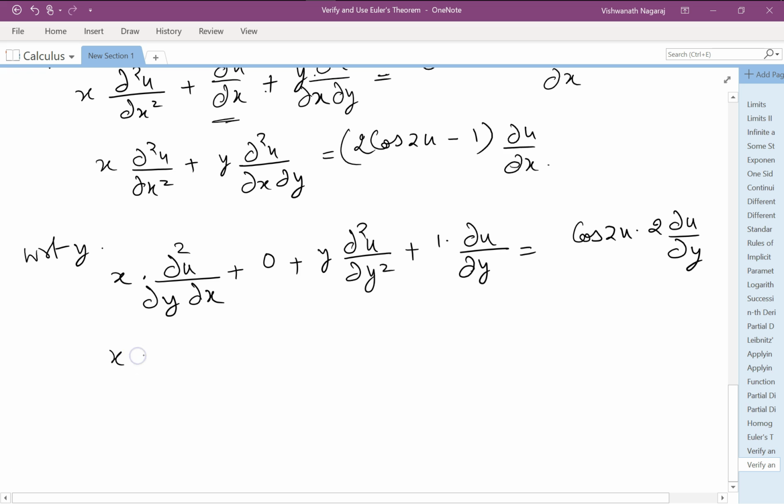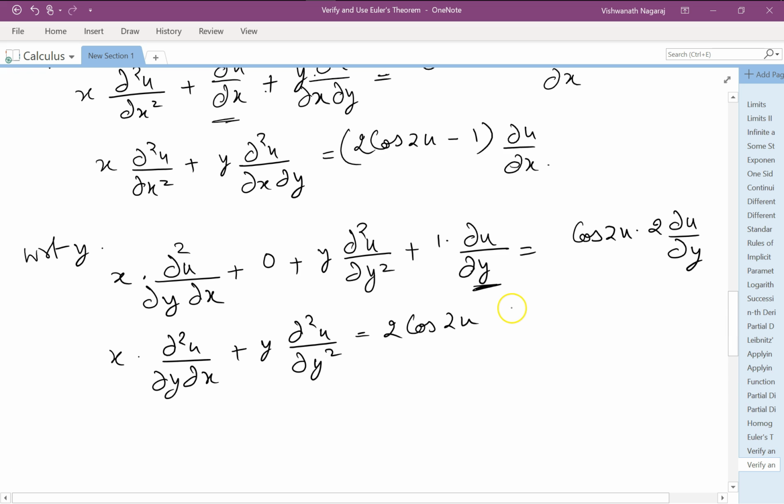Okay, rearranging it, dou square u by dou y dou x plus y dou square u by dou y square is equal to cos 2u, 2 comes here, this comes to the right hand side, it's common, so minus 1 times dou u by dou y.